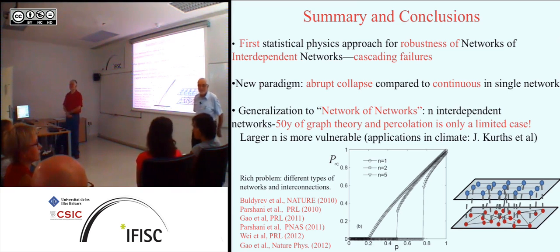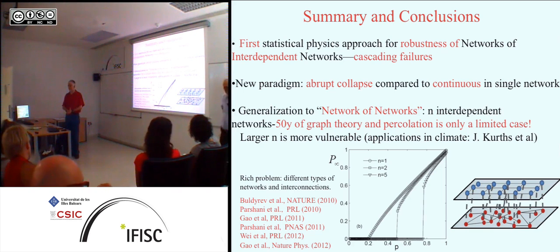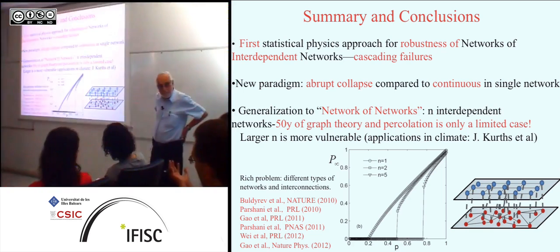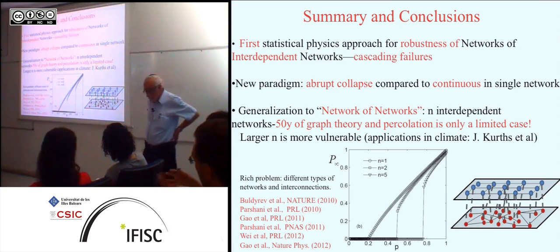Please. Yeah, I've got a question on the structure of the matrix. It appears that, especially in scale-free networks, communities can appear. What is the difference between one single network with different interacting communities and several coupled networks?